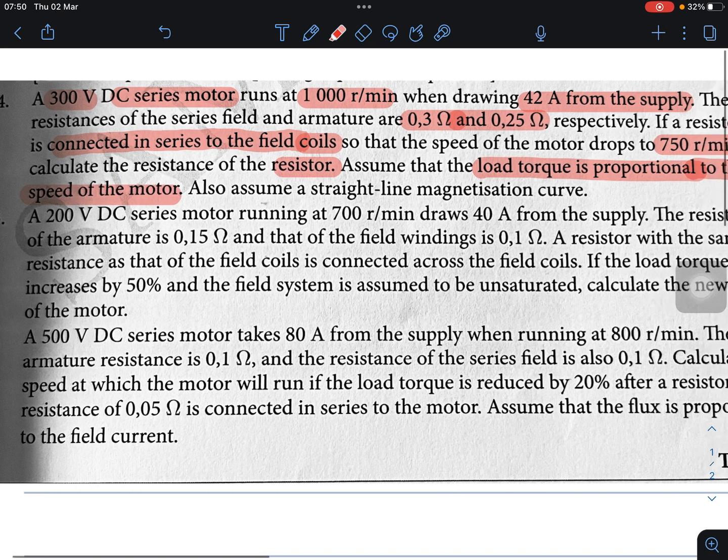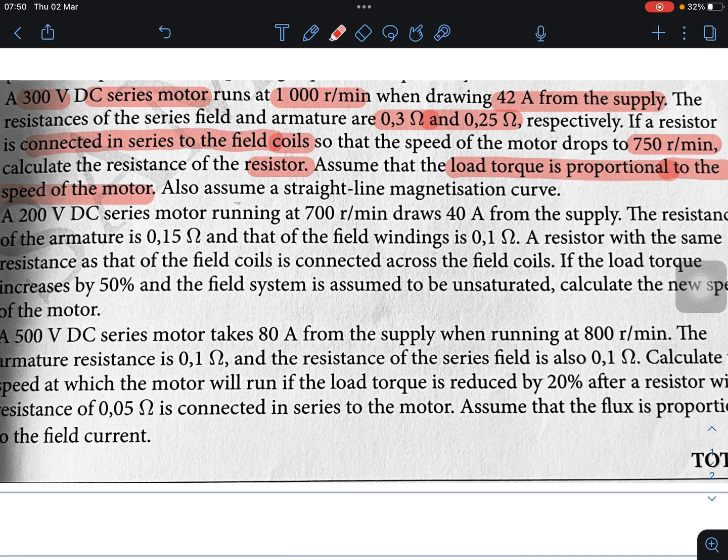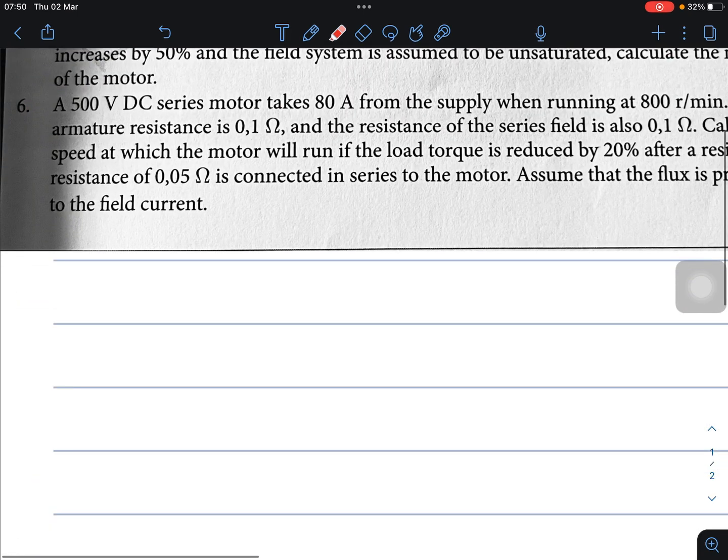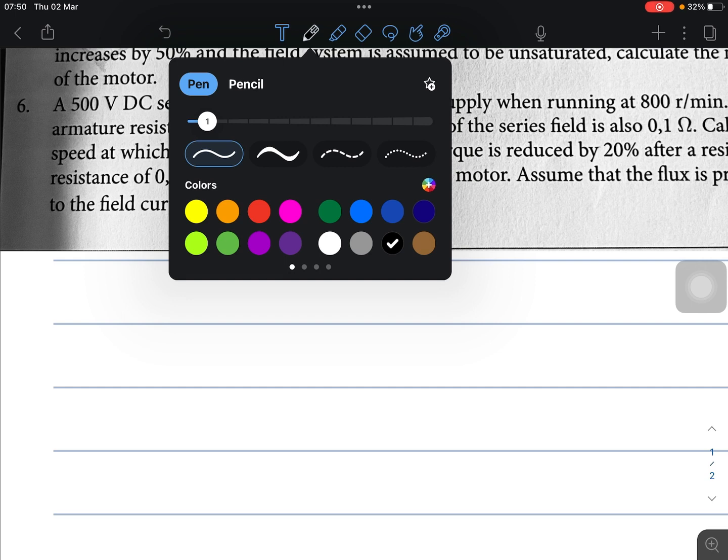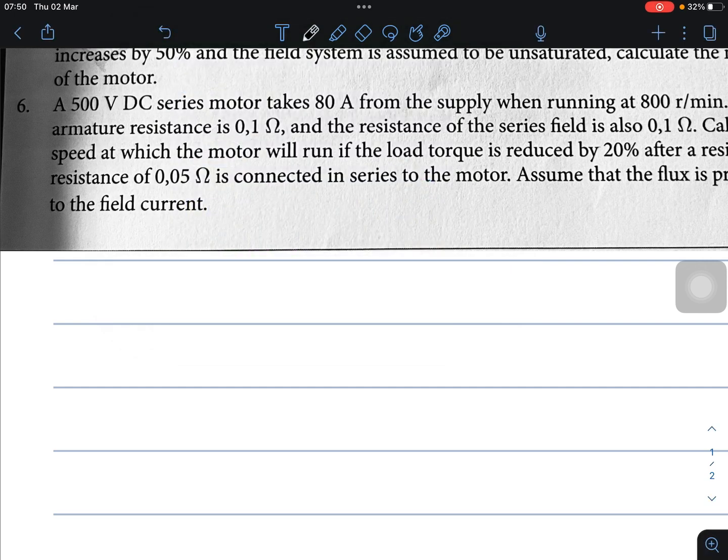Then also assume a straight line magnetization curve. A straight line magnetization curve, guys, simply means unsaturated. Let me draw this.